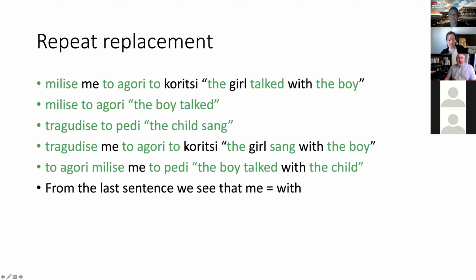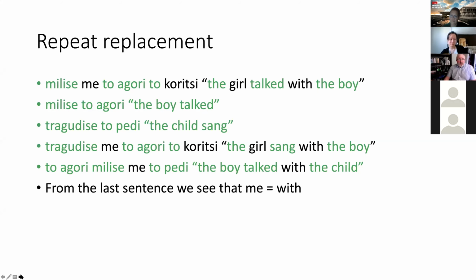So now, if we use green font to replace everything that we know about, you see that it's mostly green, and very little is still black or unknown. And in the last sentence, there's only one thing left that's unknown, the me on the Greek side and with on the English side. And so me must mean with.